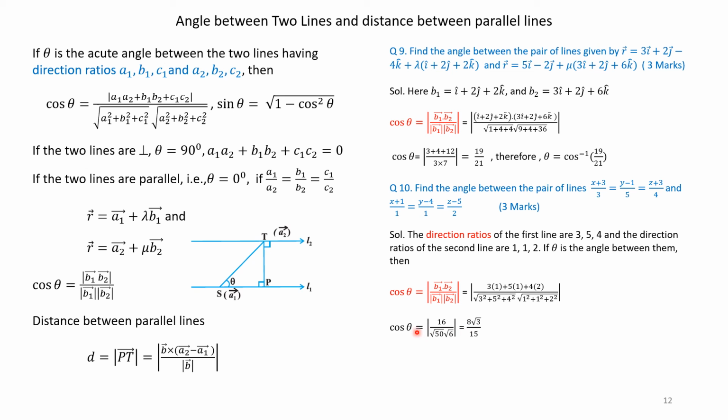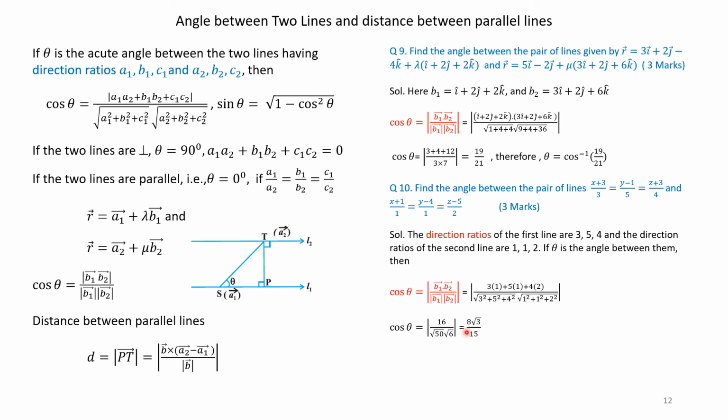Therefore, cos theta is equal to 3 plus 5, 8, plus 8, 16, divided by the square root of 9 plus 16 plus 25, that is 50, into the square root of 1 plus 1 plus 4, that is the square root of 6.